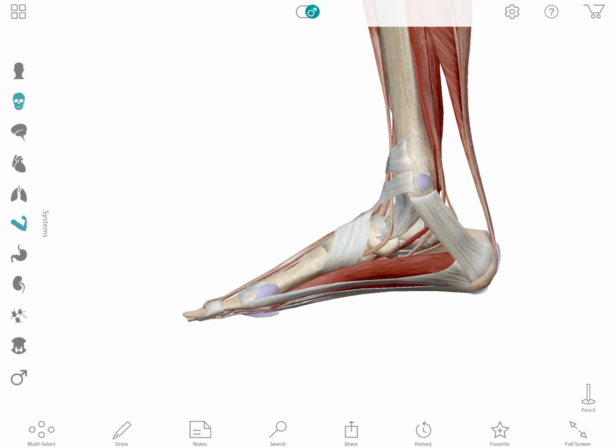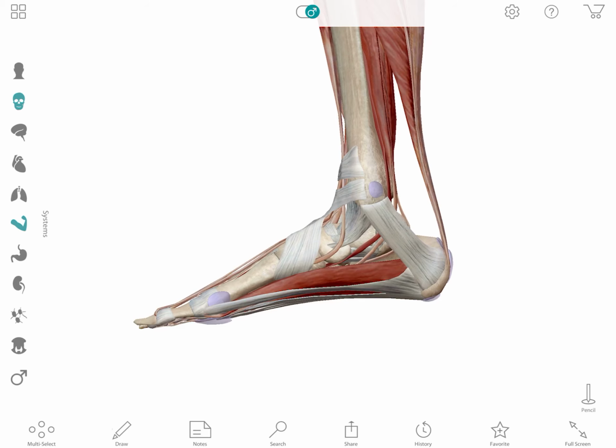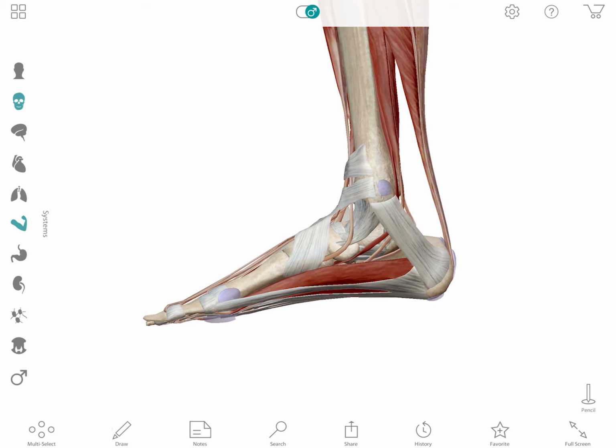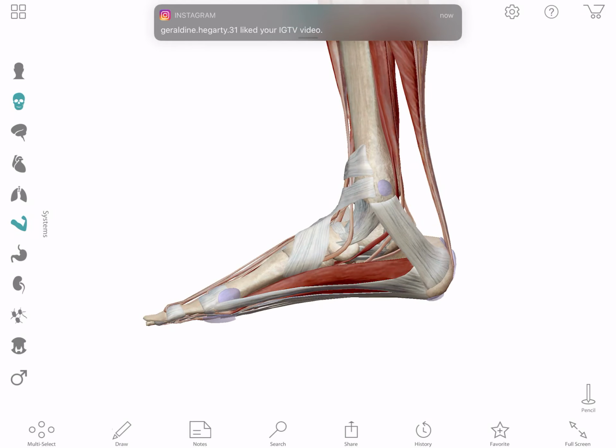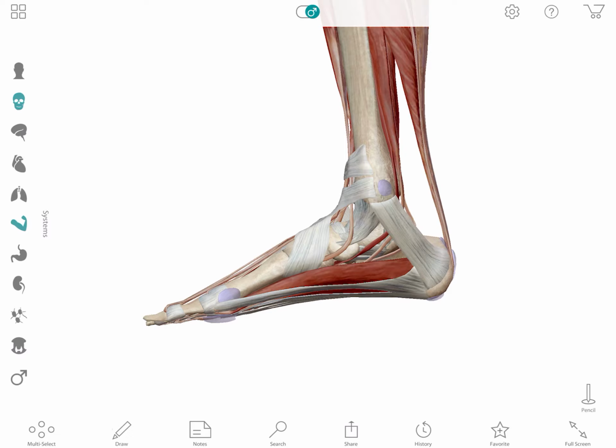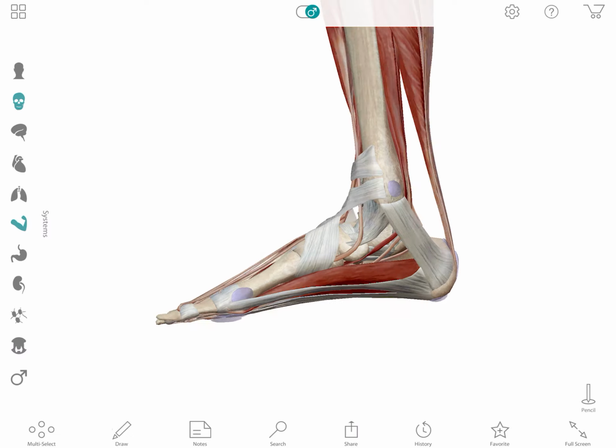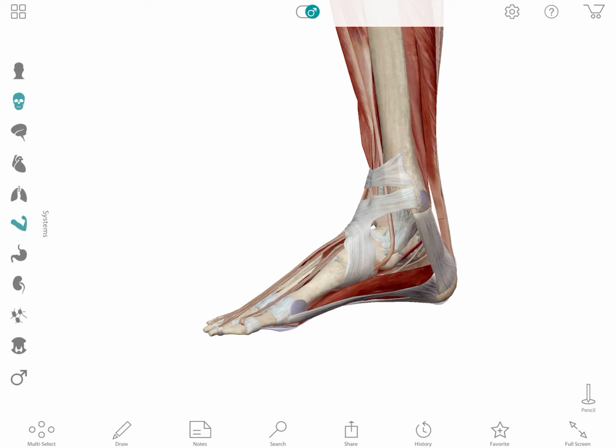But anyway, what we're going to do today is everybody's looking for mobility and flexibility ideas, so we're going to start off with the foot, okay? Your foot's very complex. What you have to consider with the foot is its function.